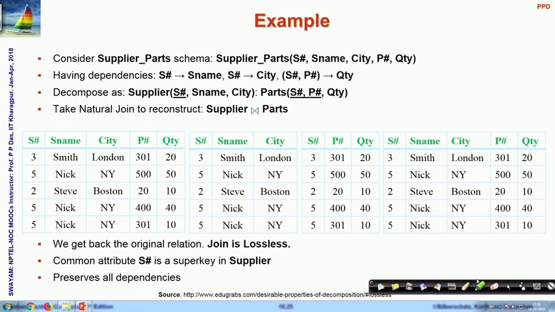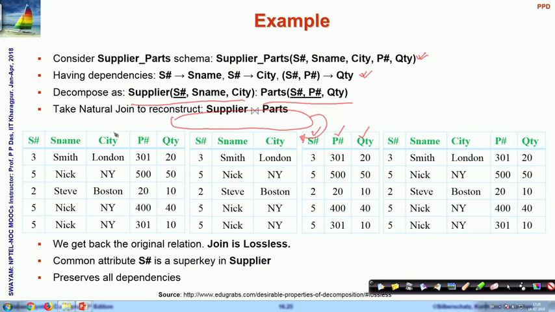So, I take the same example, the supplier, with the same set of dependencies also, but the decomposition is different. Now, we have supplier number, name and city in one supplier relation, and supplier number, product number and quantity in the other parts relation, and then we again go back and perform the join.